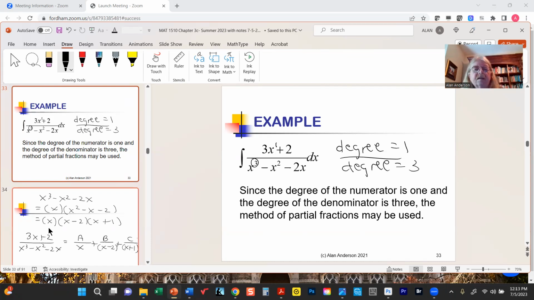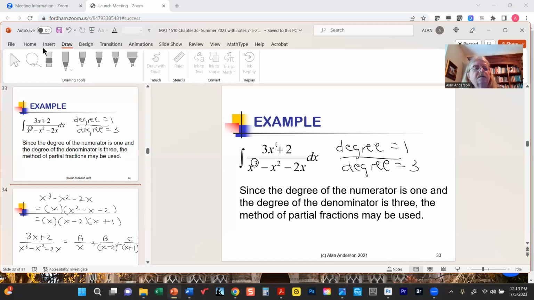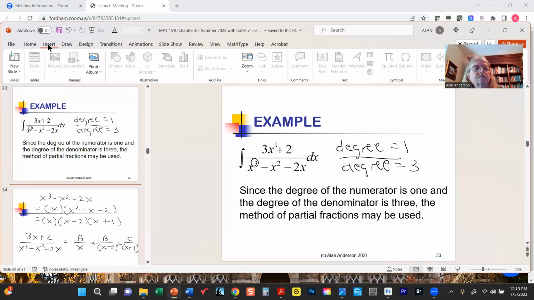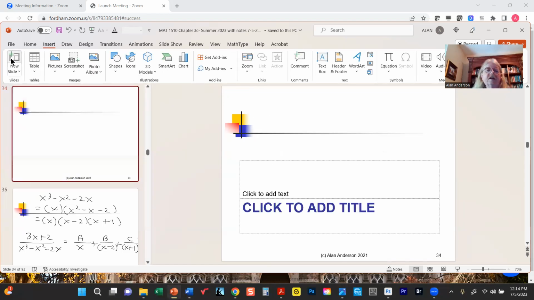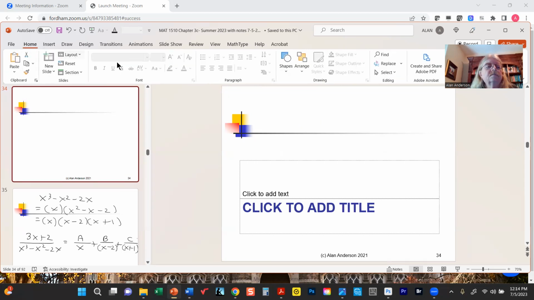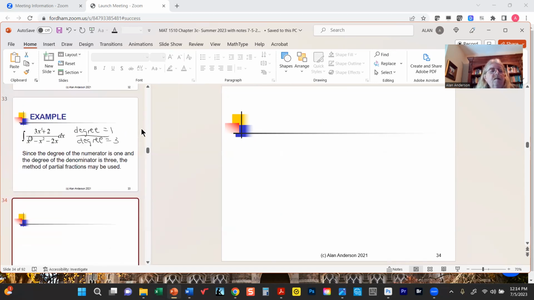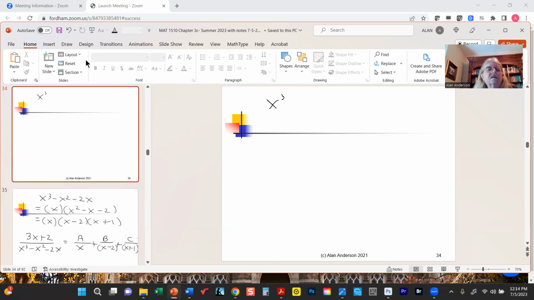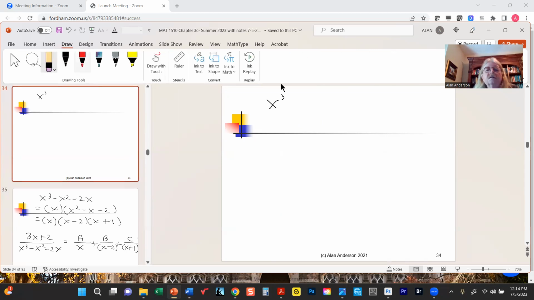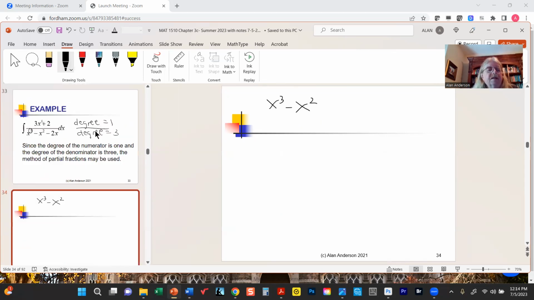So let's just take a look at it. So what do we have here? x cubed minus x squared minus 2x.